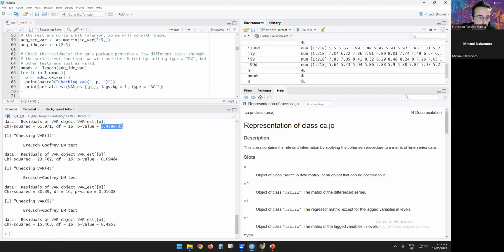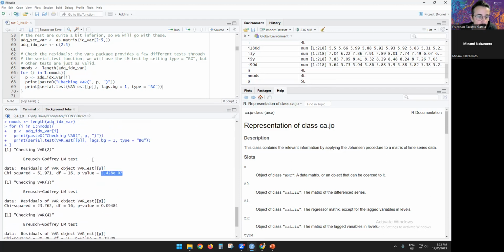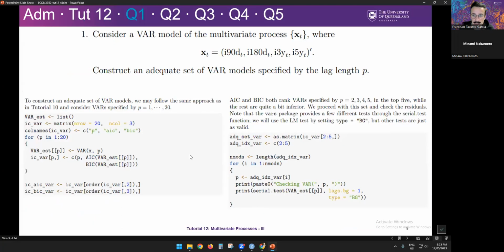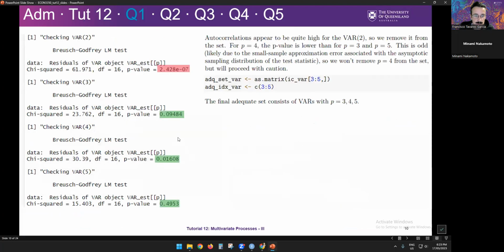You will see a very small p-value for var2, and then good values for the other 3, well, not so good for var4 actually, as you can see here, but we'll still move on with it. Look, I printed it, I put a green, maybe I should put a yellow for this one, but you will notice that we will be moving with 3, 4, and 5.